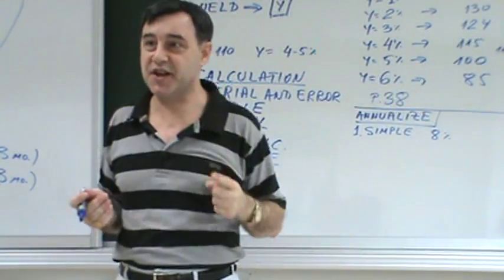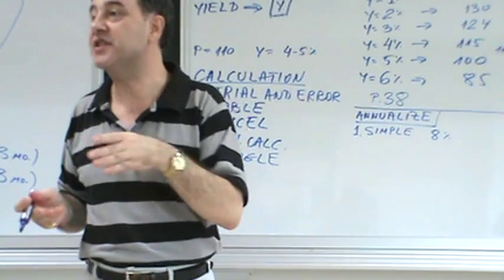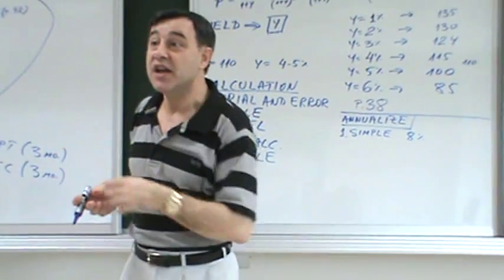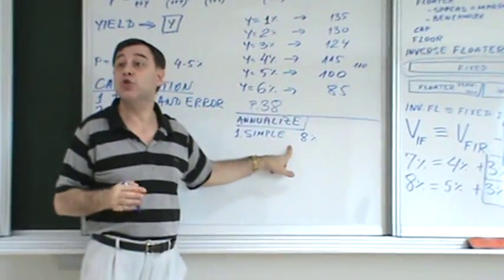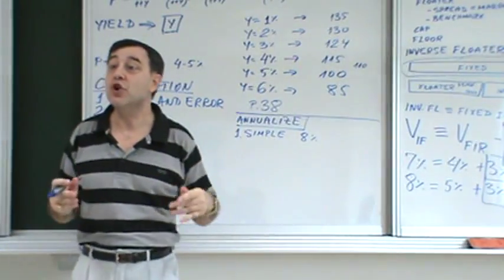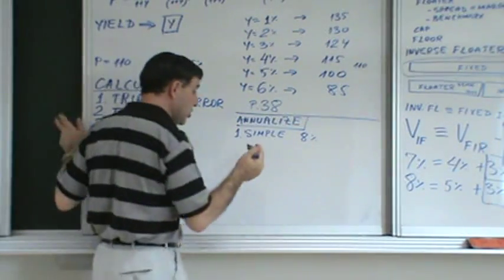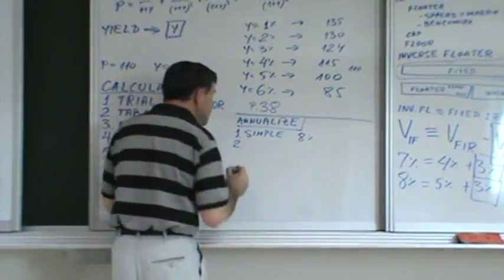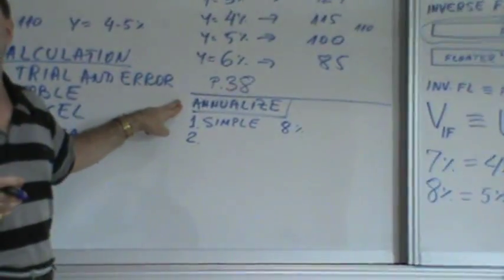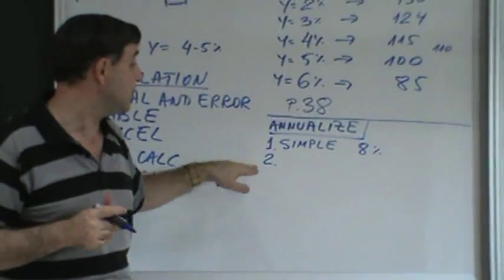But the question is, how often is the payment made? If the payment is made twice a year, you have to recalculate it to what's called compound, which is the same as you need to annualize the simple to compound.